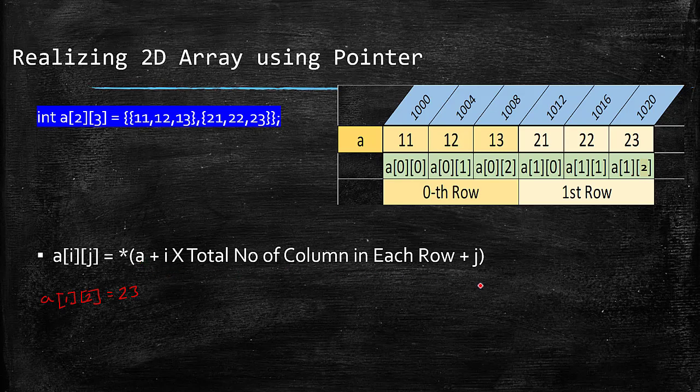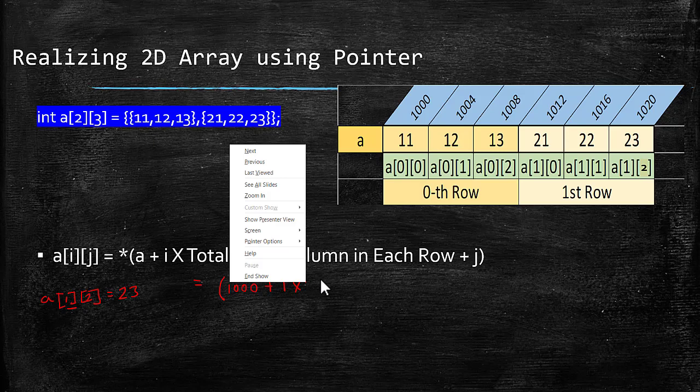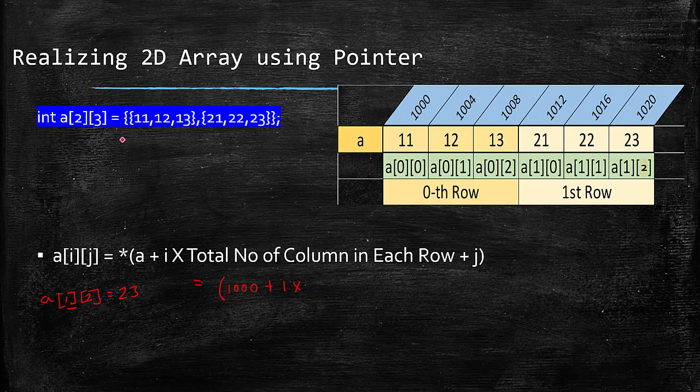Let us see how we are going to get that. A, that value is 1000, the base address, plus i, whose value here is 1. And what is the total number of columns present in a row?